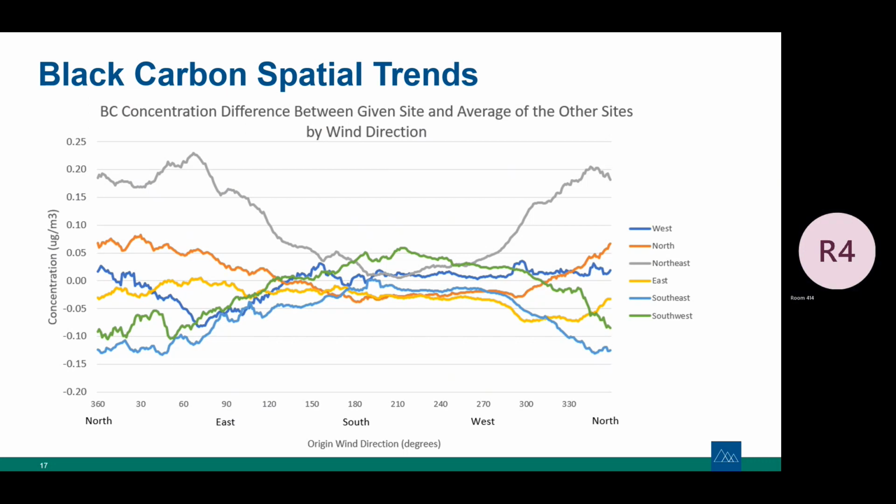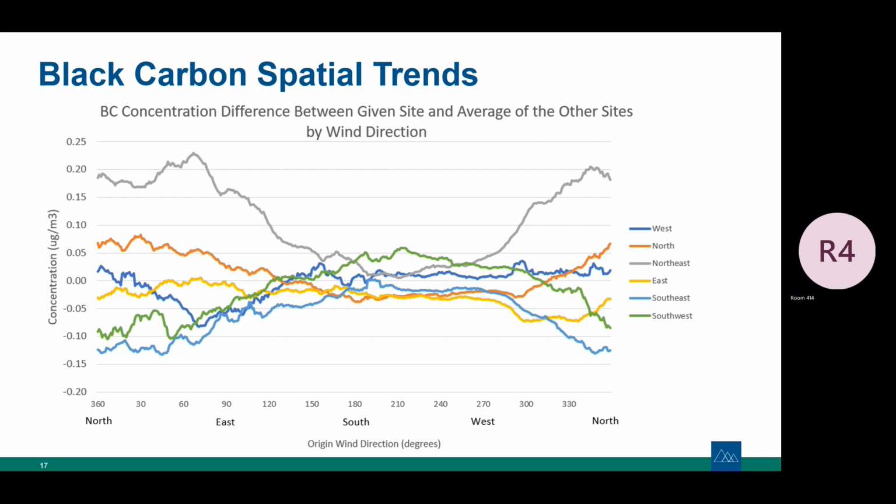It's not immediately intuitive, because if winds are from the north and my monitoring site on the north side of the facility sees higher concentrations, that would seem to suggest that we see increased concentrations when winds are actually coming from off-site.